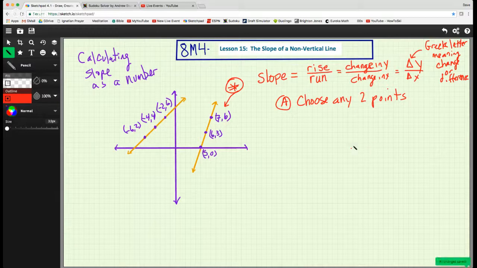Okay, that's the first step. So I'm going to look at this point, this (7, 6) point, and this (5, 0) point. I could have chosen (6, 3), but I'm just happening to choose these. It'll work out the same for any one of them.